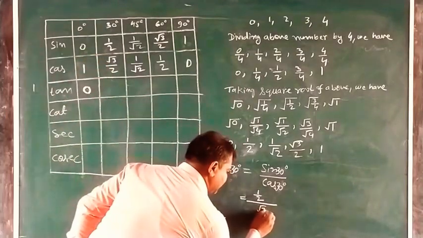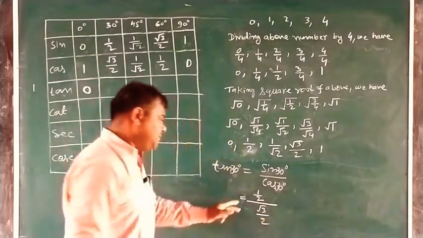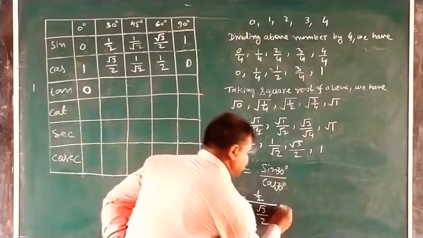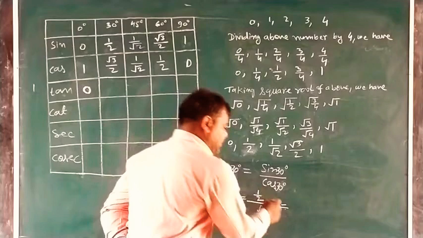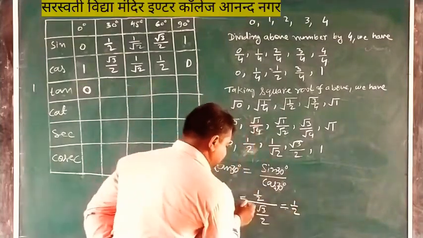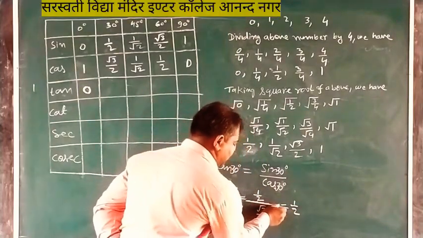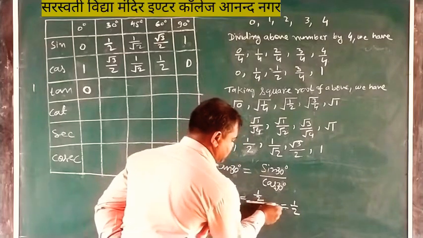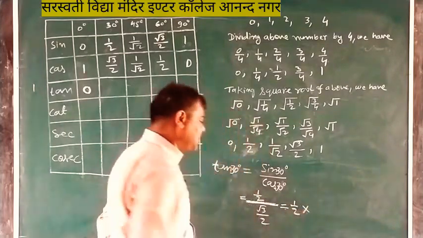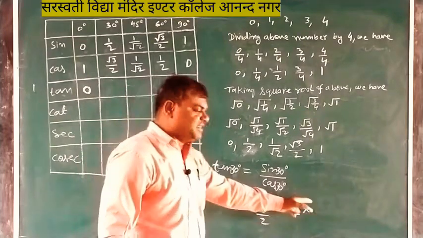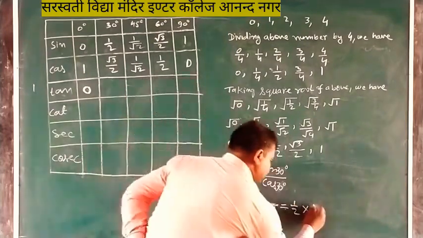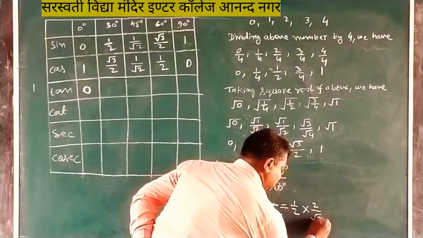Now we will solve this: we write 1 by 2, and this divide sign we will convert into a multiply sign, and under root 3 by 2 becomes its reciprocal, 2 by under root 3.